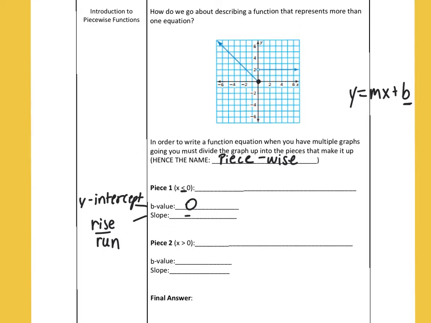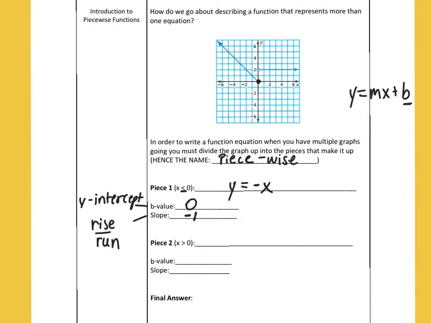So it's -1 is our slope. -1 over 1 is just -1. So what I need to do is just put that into my equation, y equals mx plus b. So it's going to be y equals -1x, or -x, plus 0. Do I need to write plus 0? No, I don't. So it's just y equals -x.